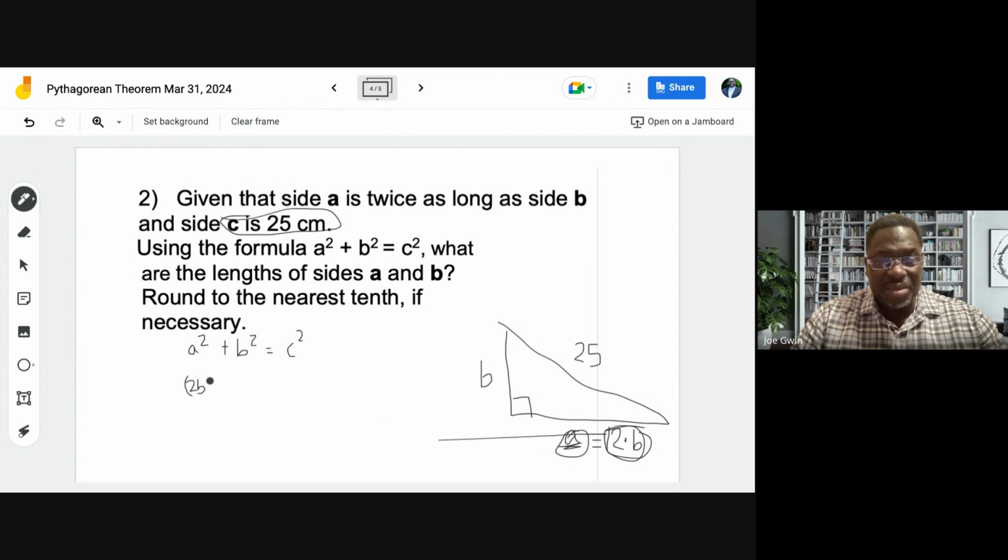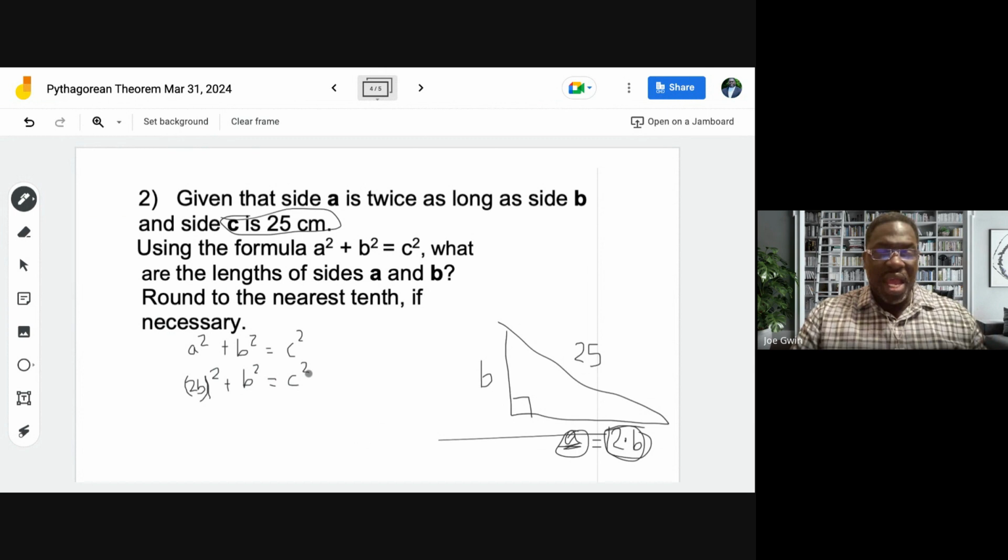So A became 2B squared, plus B squared. B squared was already there. Equals C squared.